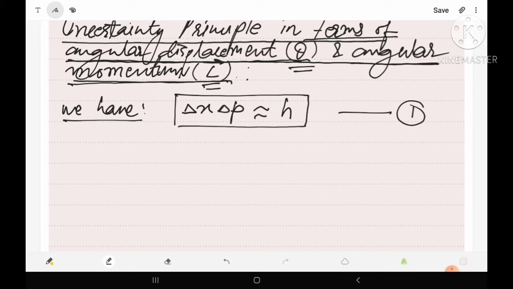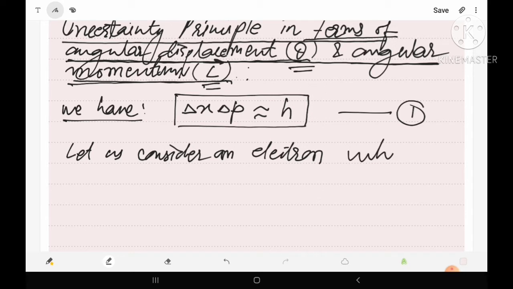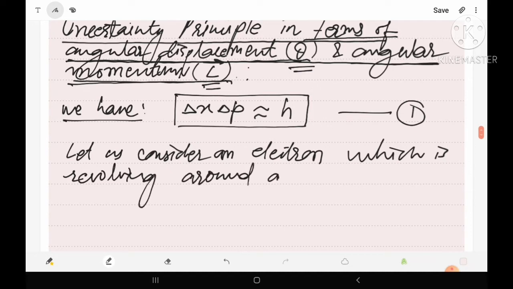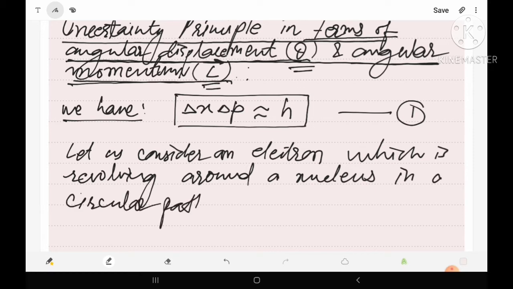So let us consider an electron which is revolving around a nucleus in a circular path of radius r, suppose.